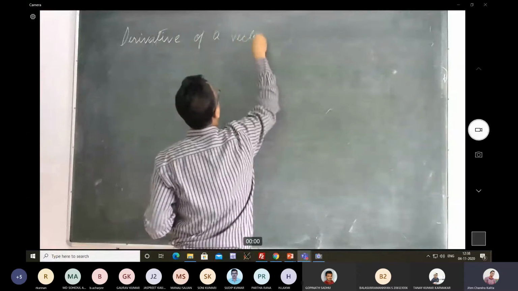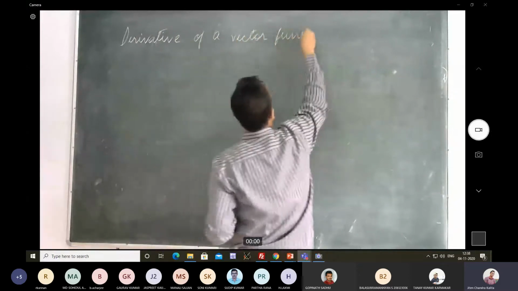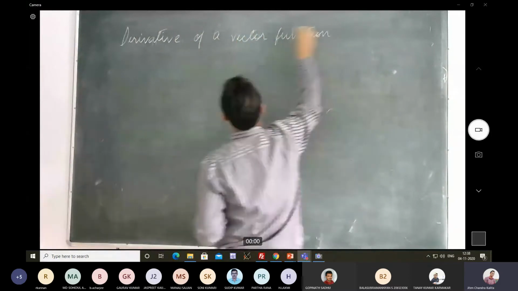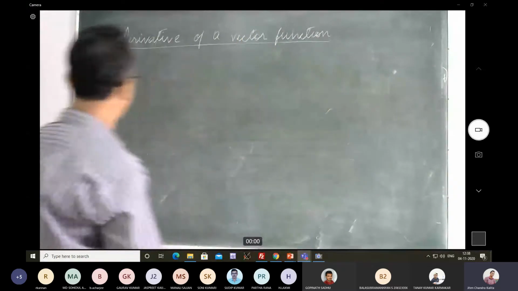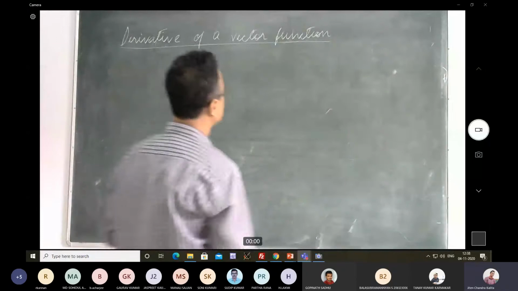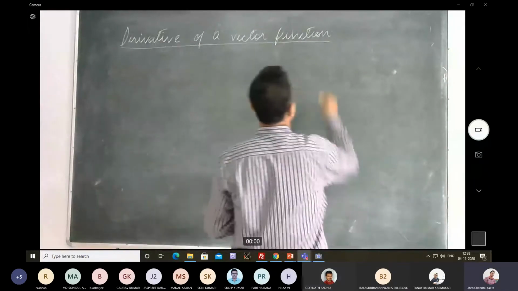This is also called a vector function. Here we are going to do it in terms of one parameter.